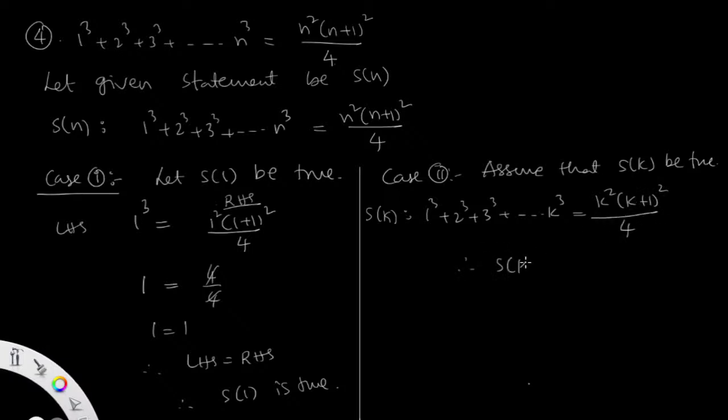Therefore, S(k) is true. Whatever the step, first substitute n equal to 1 and write LHS equal to RHS. In the same way, in the place of k, write 1³ + 2³ + 3³ till k³ equals k²(k+1)²/4. Therefore, S(k) is true.